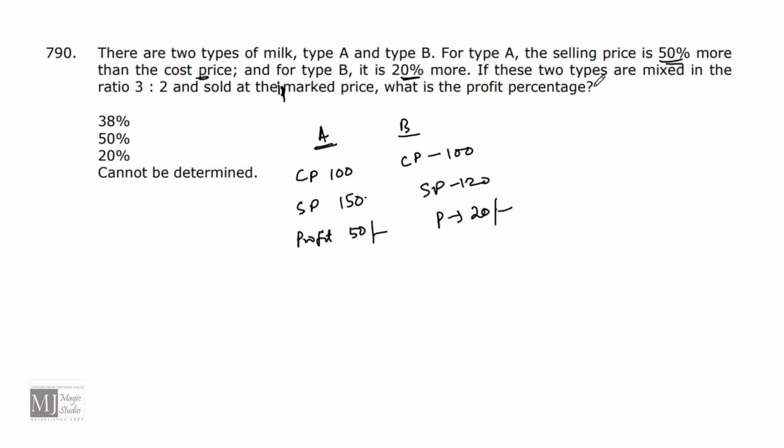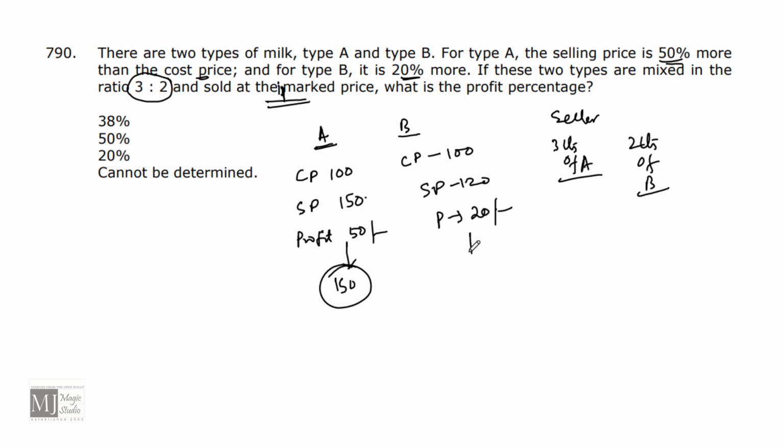If these two types are mixed and sold at their own marked price in the ratio 3:2, that means this seller is selling 3 liters of A and 2 liters of B. Then by selling 3 liters of A, he is making 150 rupees profit, and by selling 2 liters of B, he is making rupees 40 as the profit.